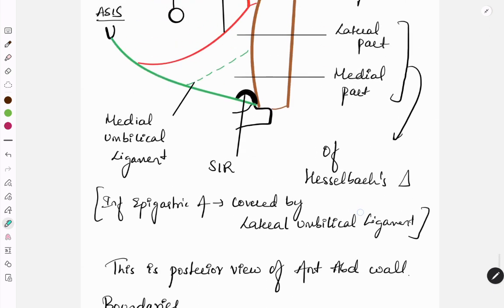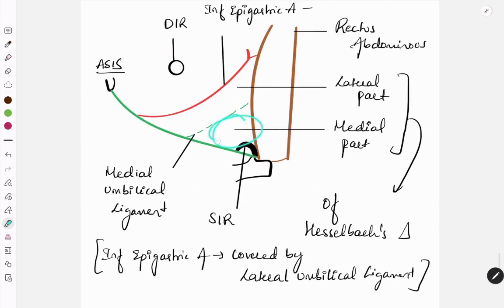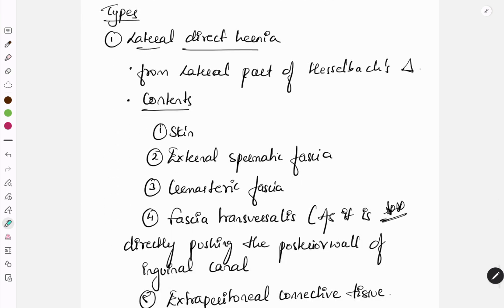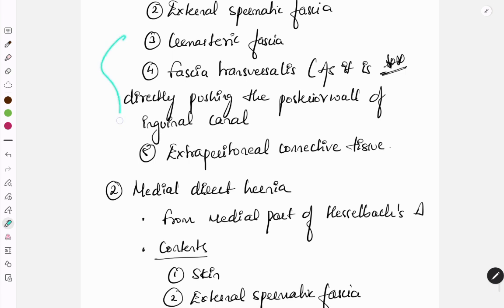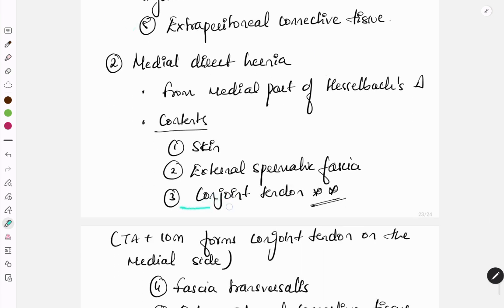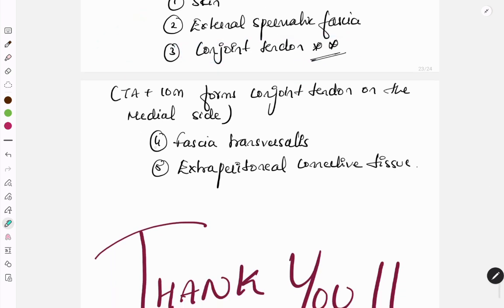Yes, we read it at the start. Instead of these things we have directly the conjoint tendon, and then the fascia transversalis and the extraperitoneal connective tissue.